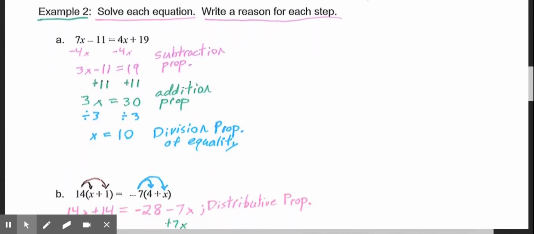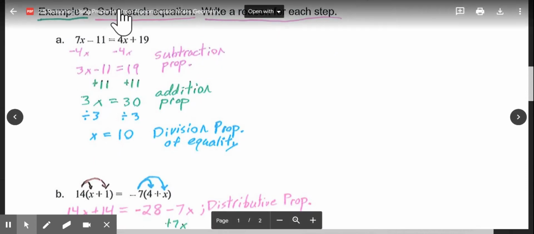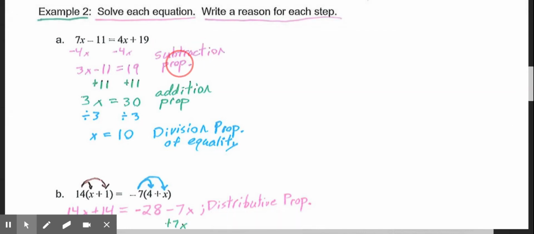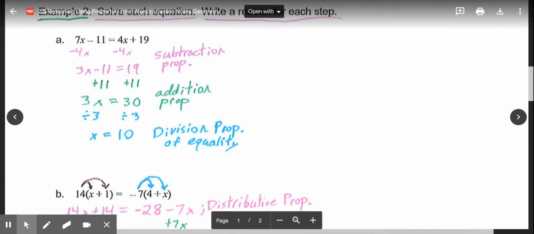So example 2 says solve each equation, write a reason for each step. So we have 7x minus 11 equals 4x plus 19. So the first thing I did was subtract the 4x from each side. So that was the subtraction property of equality. So I wrote my subtraction property.